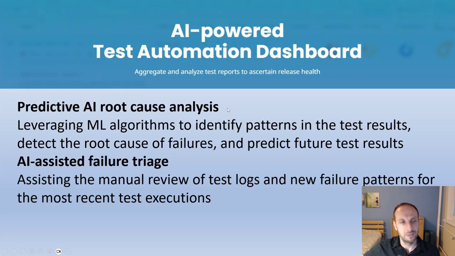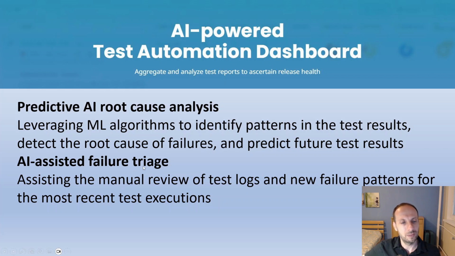And here's some information about the artificial intelligence in this tool. So it has predictive AI root cause analysis. It's also using machine learning algorithms, and it can identify patterns in the results and detect reasons of failures.